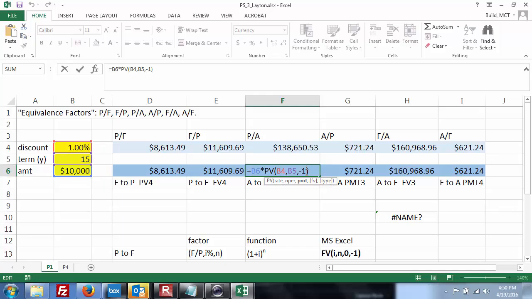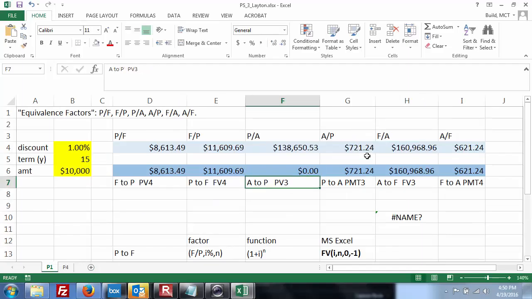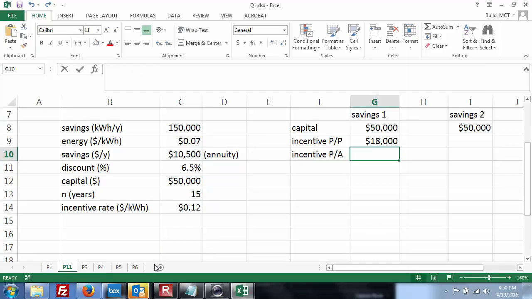Unit value. I'm going to use this formula right here, I think, just to calculate it the other way. It's a PV. So I'm going to try it as a PV.